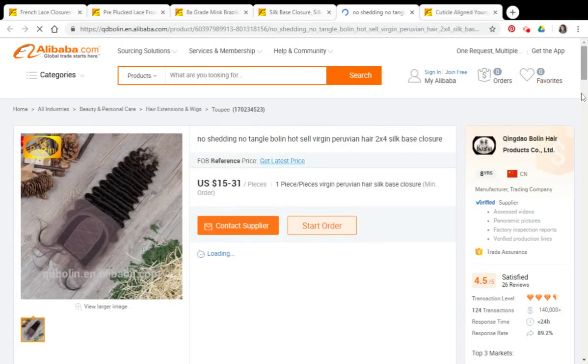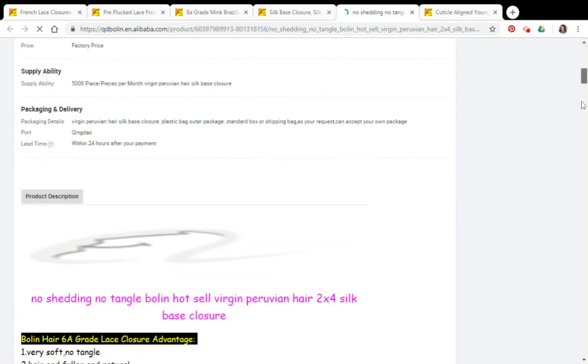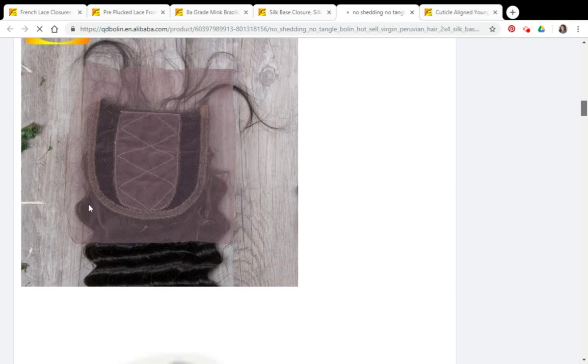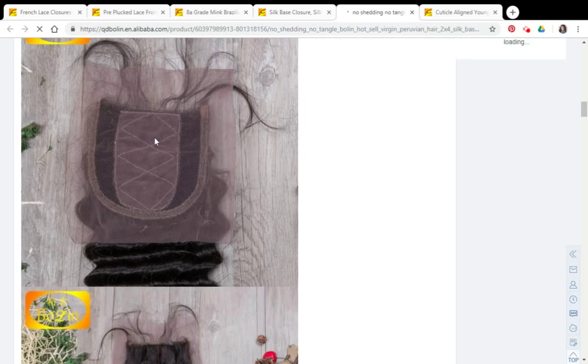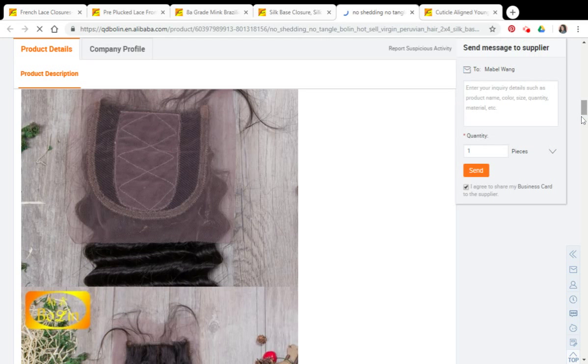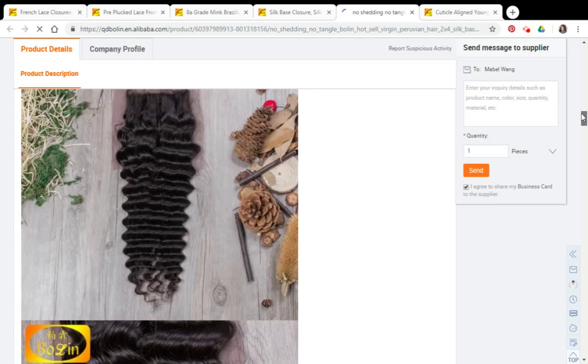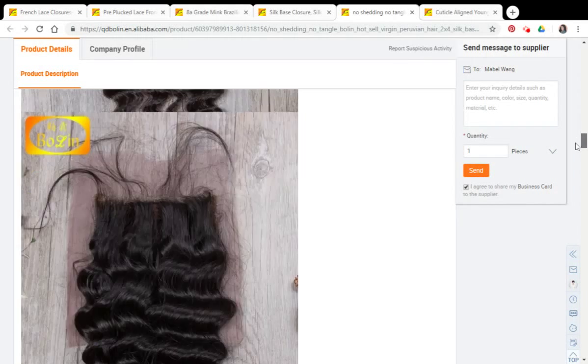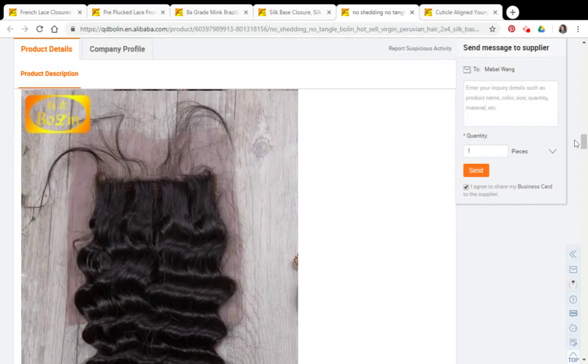I would consider it, if you're just starting out, more of an advanced type of closure piece, because some stylists say that they feel like it doesn't look as natural. So if you're just starting out, I would definitely suggest you go with French lace in the beginning and expand upon that. So that's how it looks in the front.